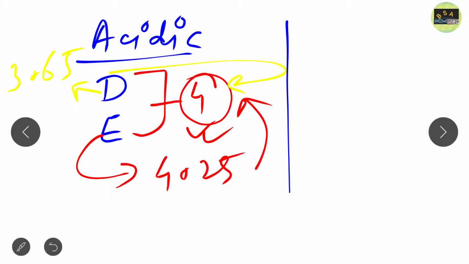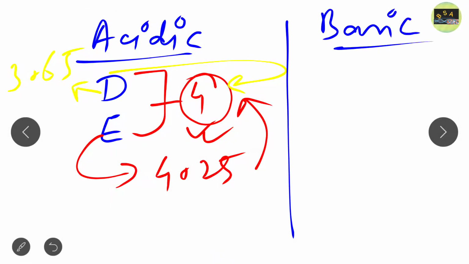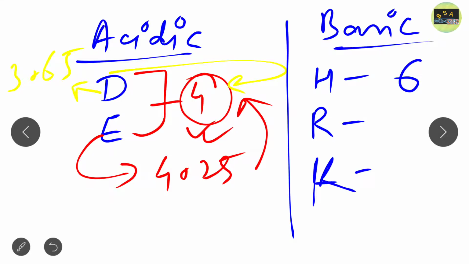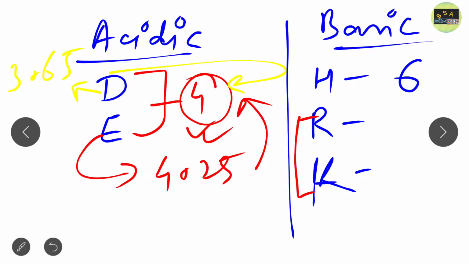Now for the basic amino acids. Histidine: we all know that histidine is close to buffer, so its pKr value is taken as 6. Very easy to remember. Then arginine and lysine. We know that arginine and lysine are basic amino acids, so their pKr value must be above 7.